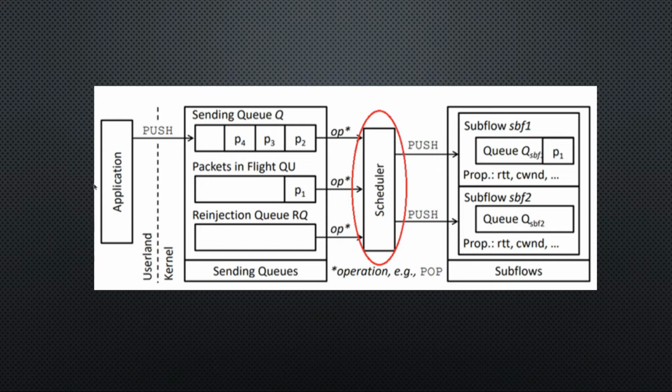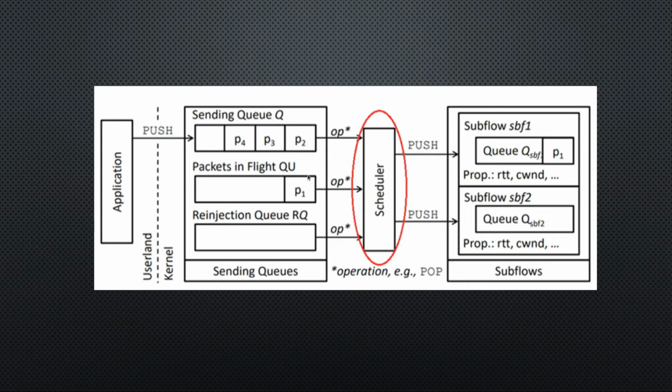For example, this is the application layer, which is in the user land. It wants to make a connection with, for example, the server. It is creating a socket, and we are using MPTCP. And now we want to send some packets. The scheduler, based on some criteria, looks at the subflows and then chooses the right subflow to send the packet. For example, at this moment, for sending the P1 packet, it chooses this subflow.